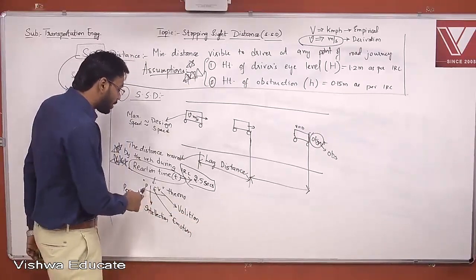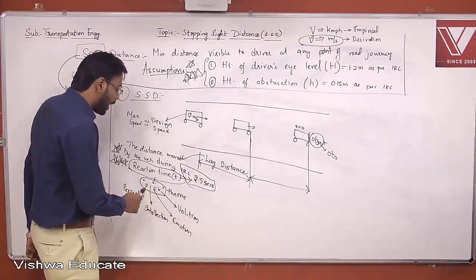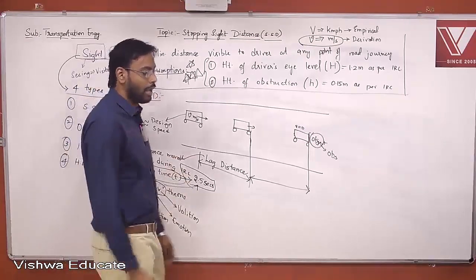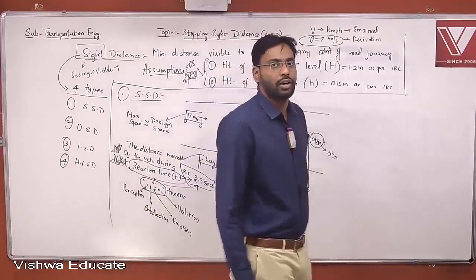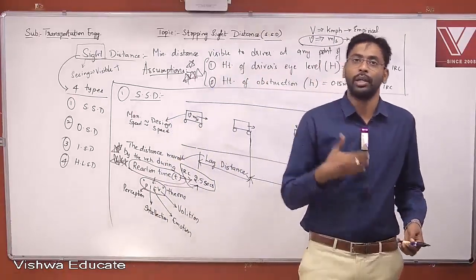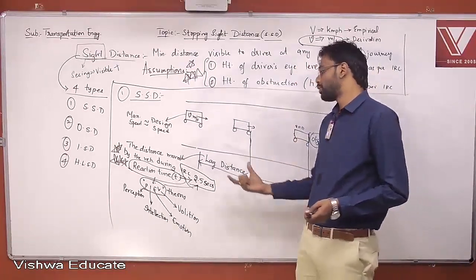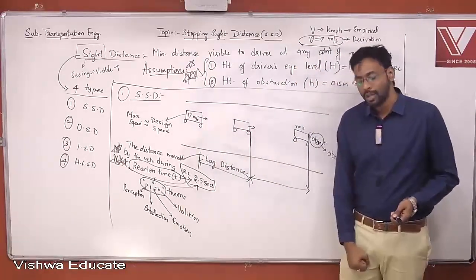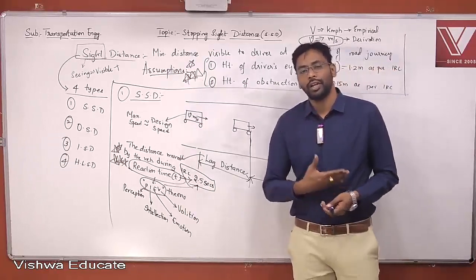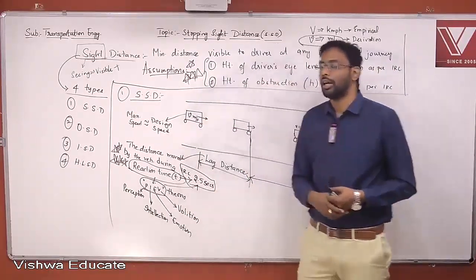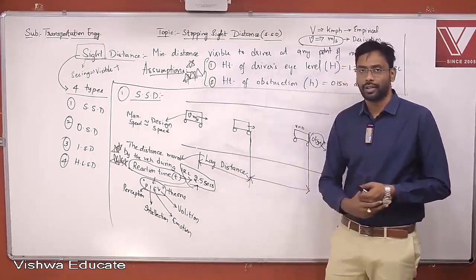Now all these things will be happening in just 2.5 seconds. And that's for an average driver. For smart people like you and me, for intelligent people, for experienced persons, this reaction time will be even lesser. So if nothing is mentioned in the problems, we take the reaction time of the driver as 2.5 seconds.